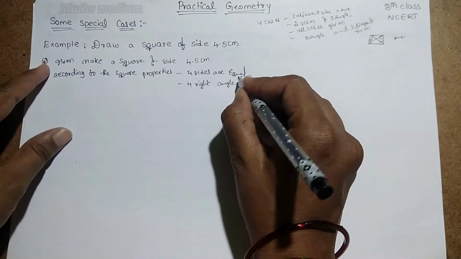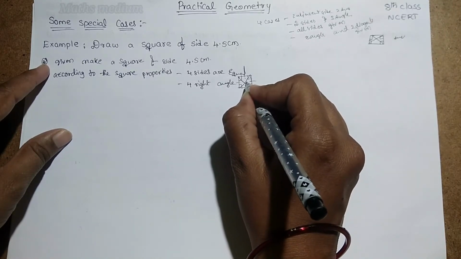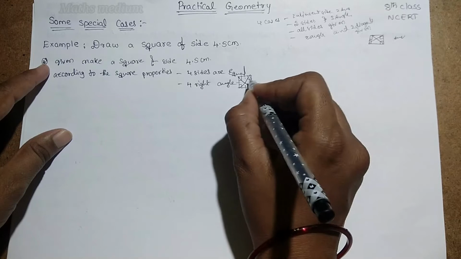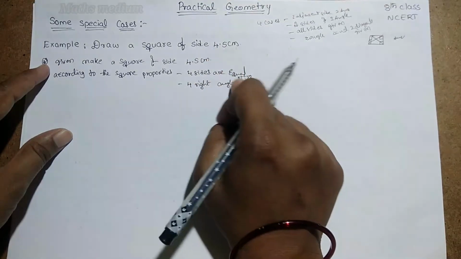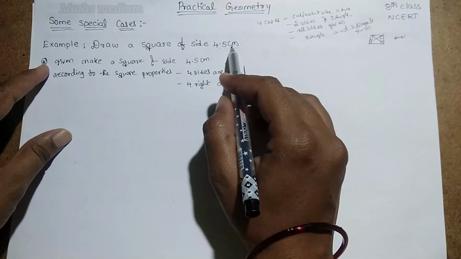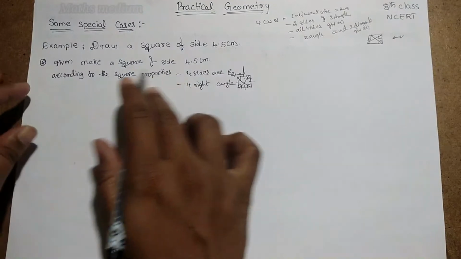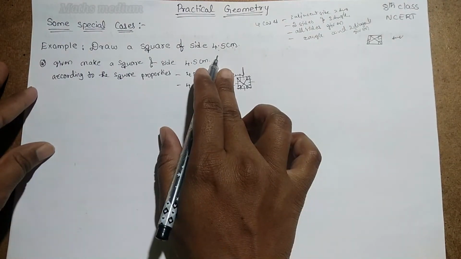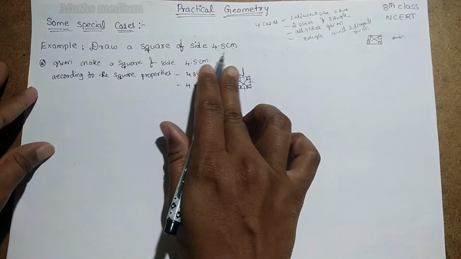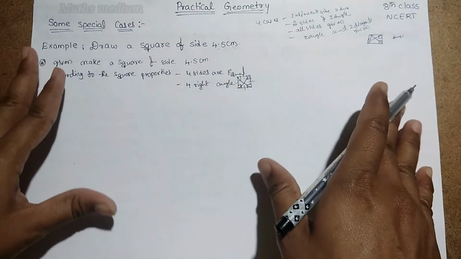Apart from that, diagonals cut each other, those are bisecting, perpendicular bisectors also. So here they don't give the diagonals, but we have to construct with 4.5 centimeters and the corresponding 90 degrees angle. Let's make a small rough of a square with the given parameter. Then we get into a step-by-step procedure for making the original square.